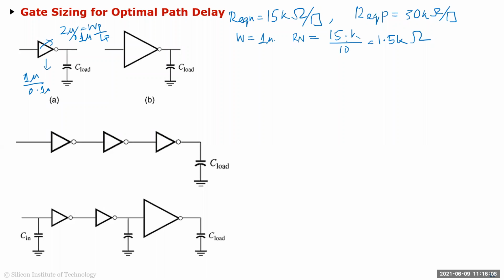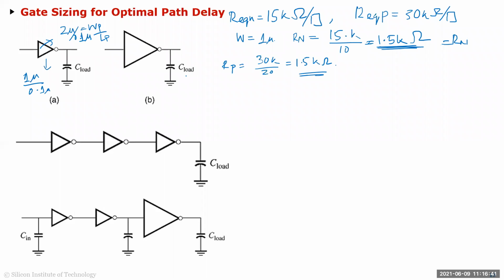I divided by 10 because the resistance reduces, since it's L over W. So you get an effective resistance of 1.5 kilo ohms for the N. Rp is going to be 20 squares, so 30 kilo ohms divided by 20 squares is also 1.5 kilo ohms. So both of them are equal. That's how I chose the W over L's.